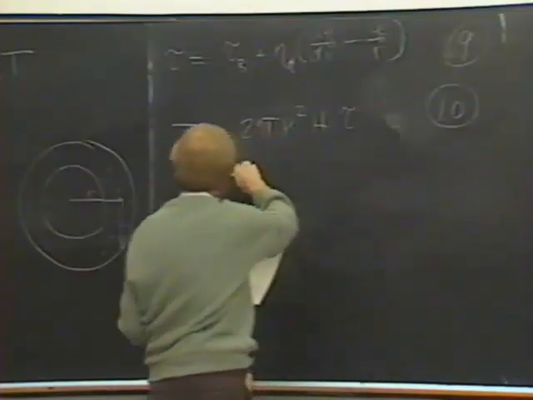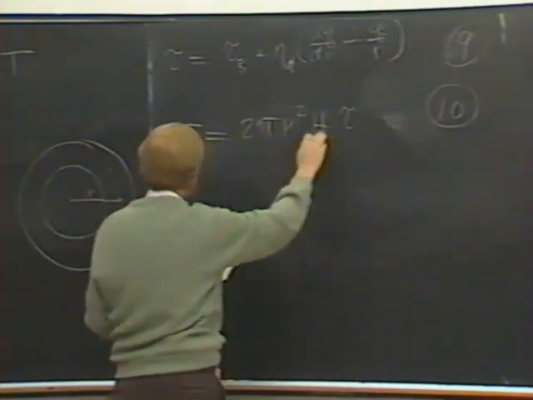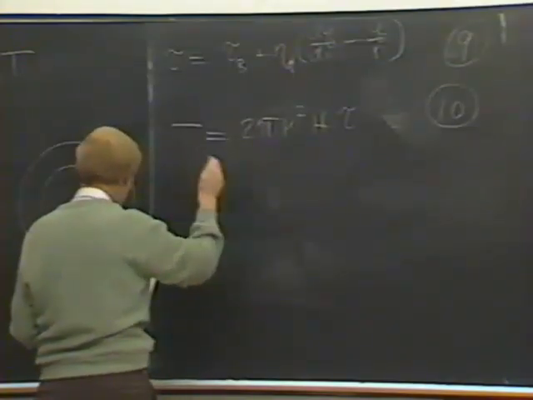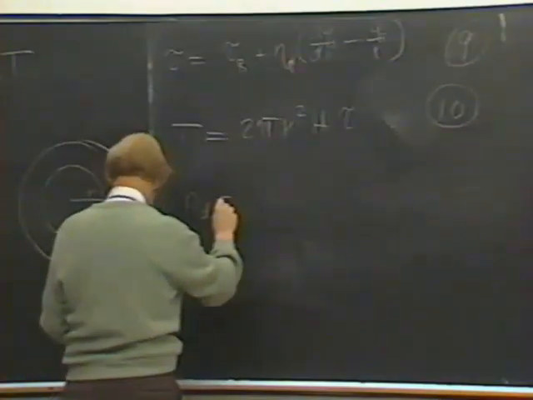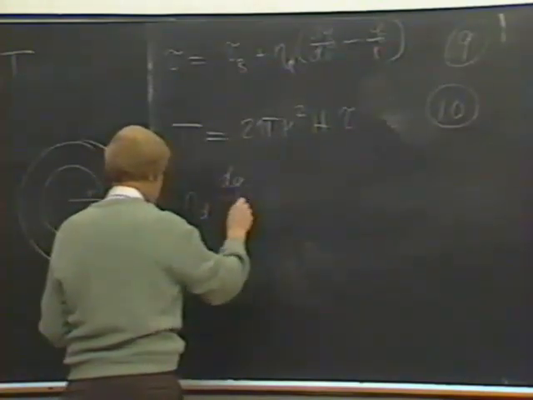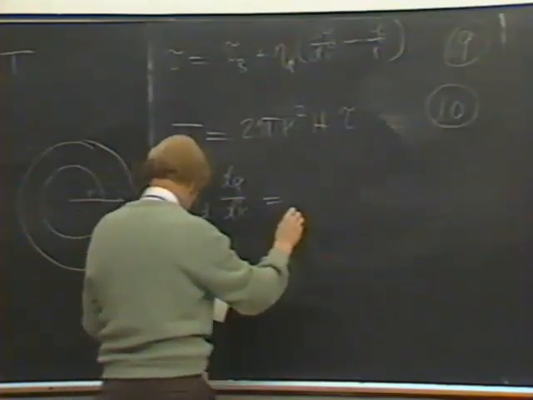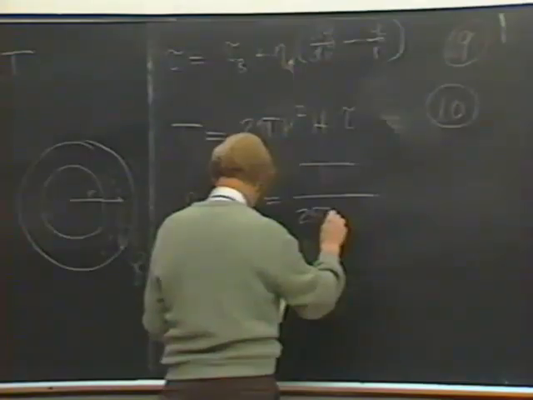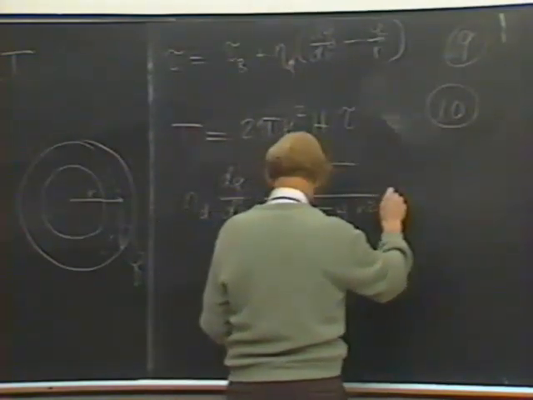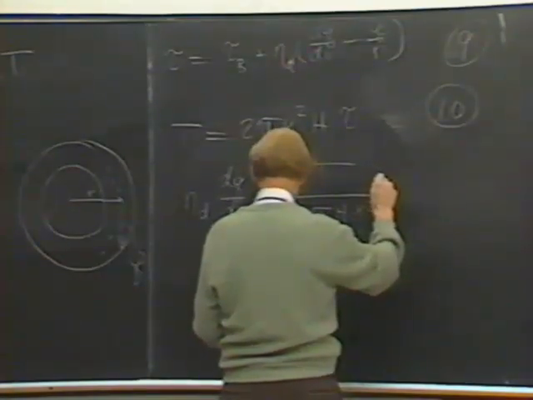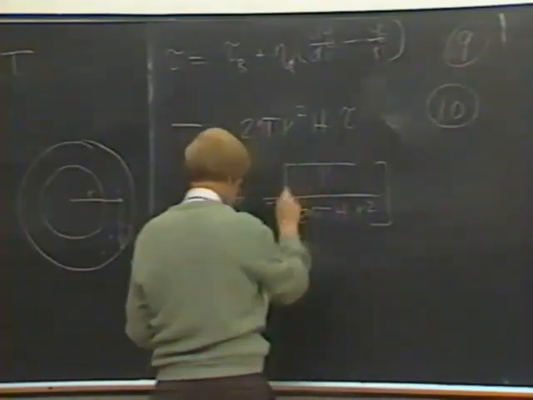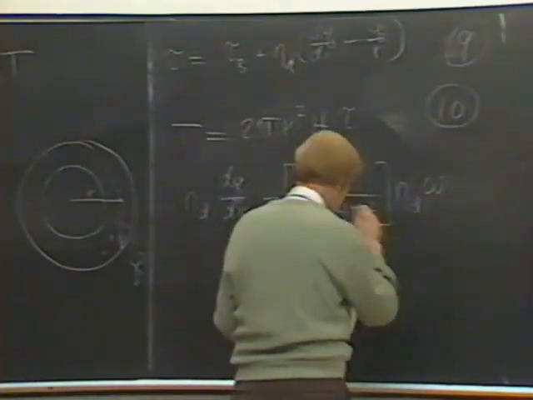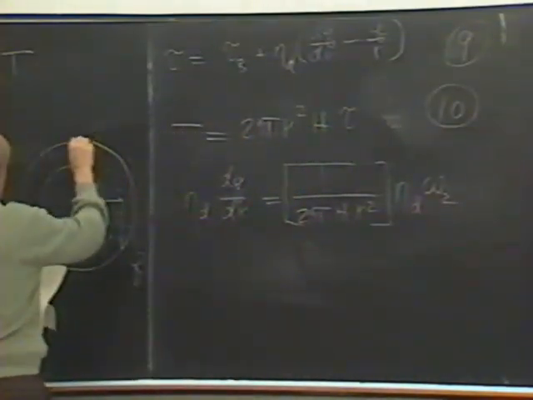So if we substitute for the tau up here, we can now write, and rearrange it a little bit, eta sub d times dq/dr is equal to the torque divided by 2 pi h r squared times eta sub d omega 2. That's the rotation rate of the stop. This is still, so this is omega 2.